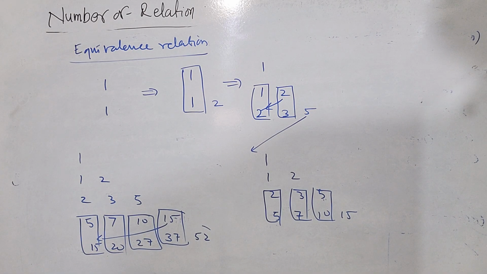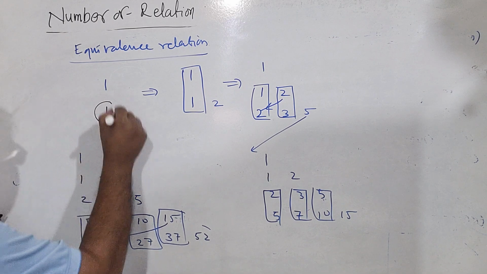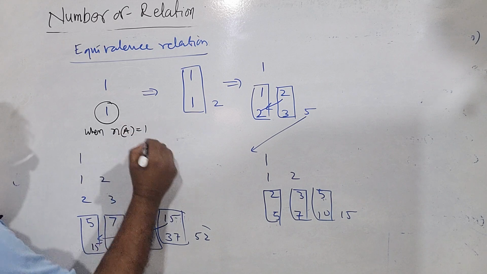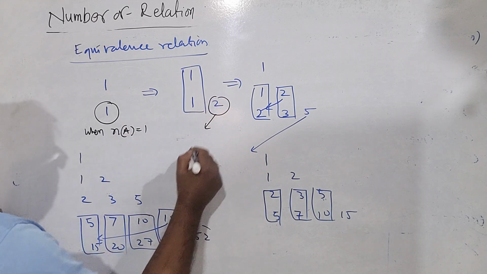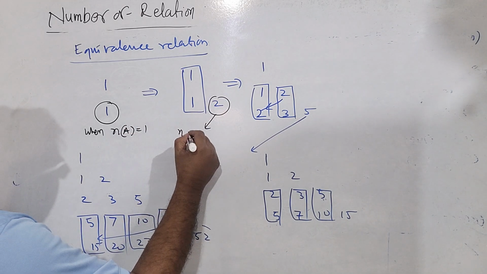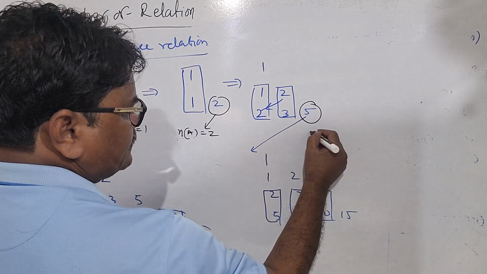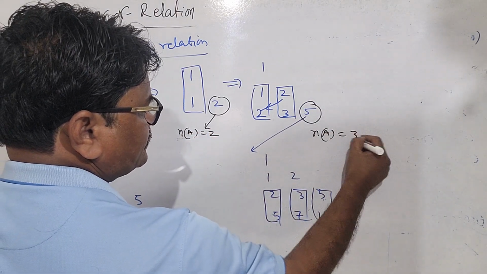Now, look here. This 1 is the total number of equivalence relations when n of A is equal to 1. This 2 is the total number of equivalence relations when n of A is equal to 2. This 5 is the total number of equivalence relations when n of A is equal to 3.